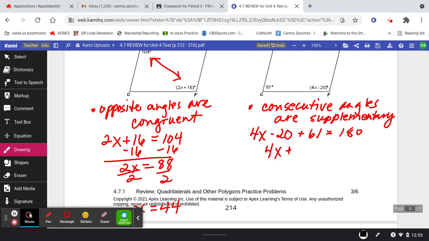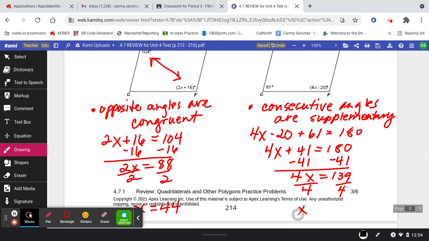Now do 61 minus 20. Good, I hope you got 41. And then subtract the 41 from both sides. I hope you got 139. And then divide that by 4. How'd you do?